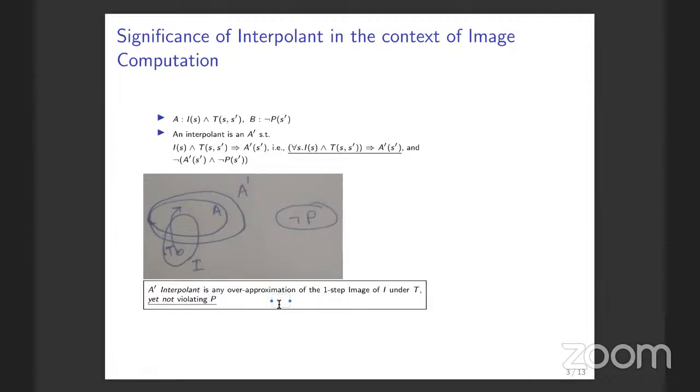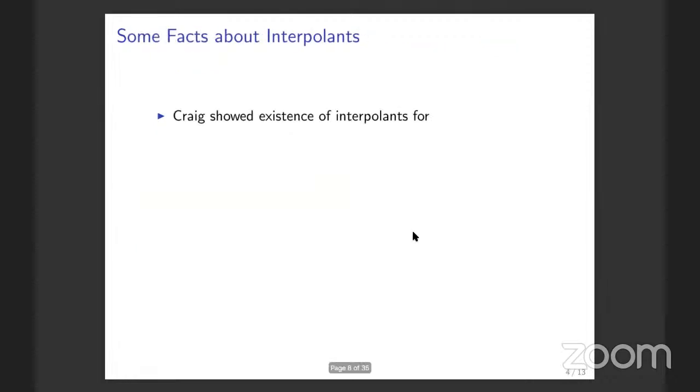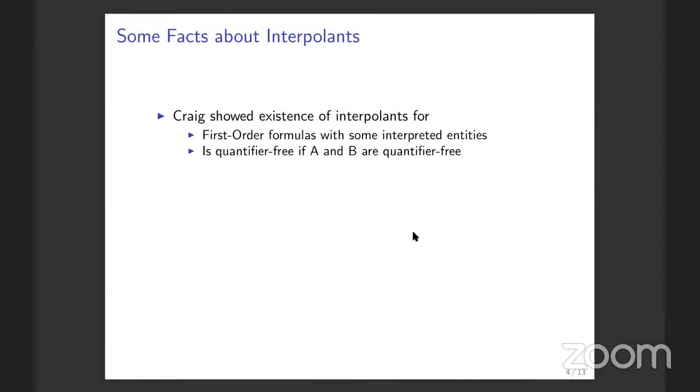Now we can extend this concept to a K-step safe interpolant. Craig, a long time ago, probably in the 1950s, showed the existence of interpolants for all first order formulas, even with interpreted entities, not just for propositional logic.